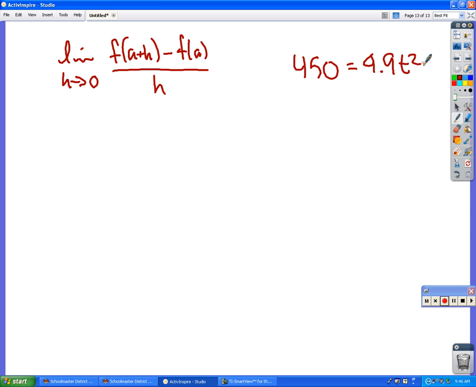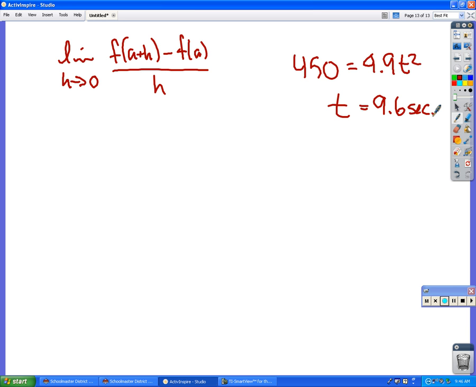We need to figure out how long it takes for it to go 450 meters, and we know that its displacement is 4.9 t squared. So how do I solve that for t? I would divide by 4.9, and then I would take the square root. And so that tells us that it takes 9.6 seconds for it to hit the ground, okay?